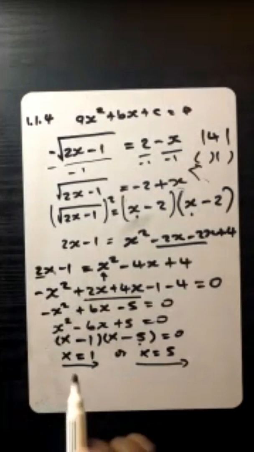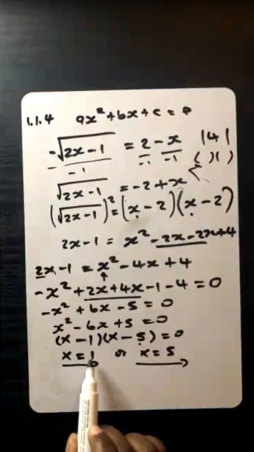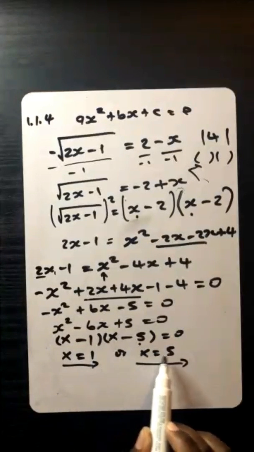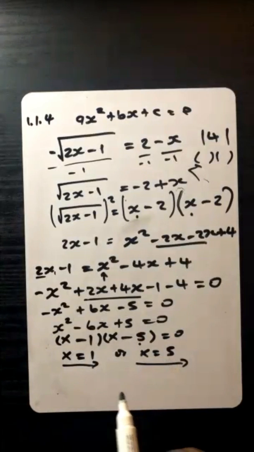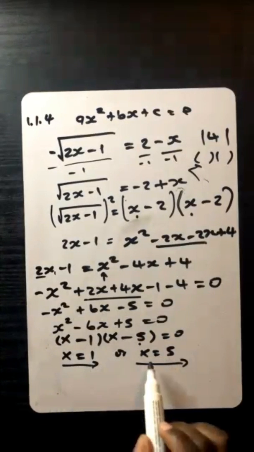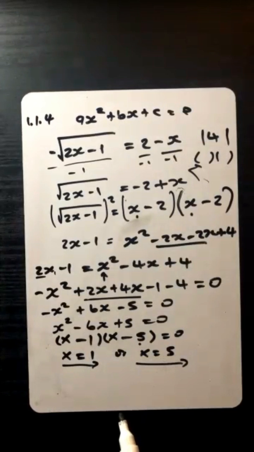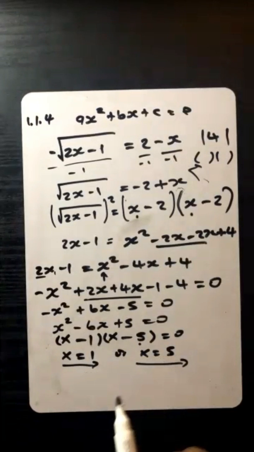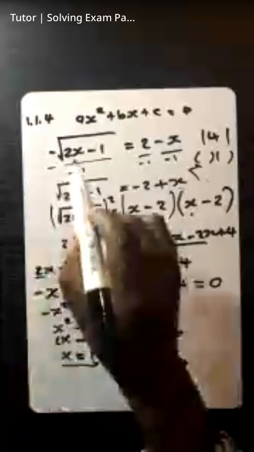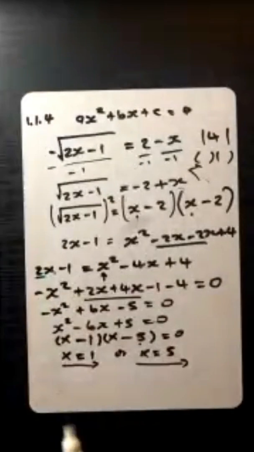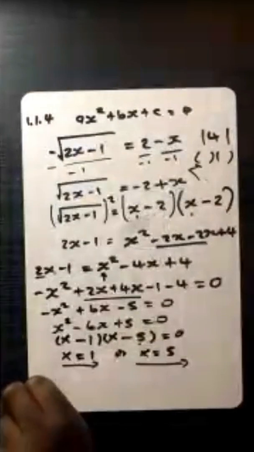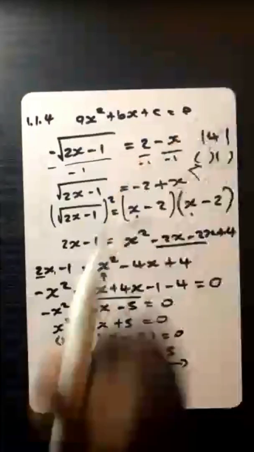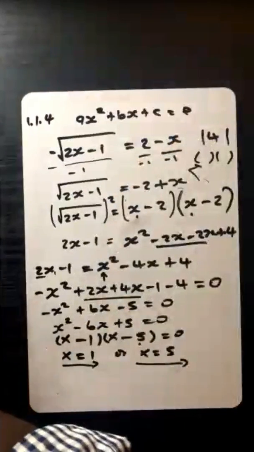For example, you might find that x is not equal to 1 but x is equal to 5, or you might find that x is equal to 1 but not equal to 5. How do you know if they are both valid? You substitute 1 into the original equation where you see x on this side, punch it in, and also on the other side, and see if you get the same answers.